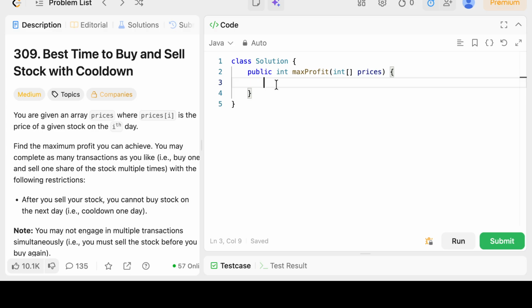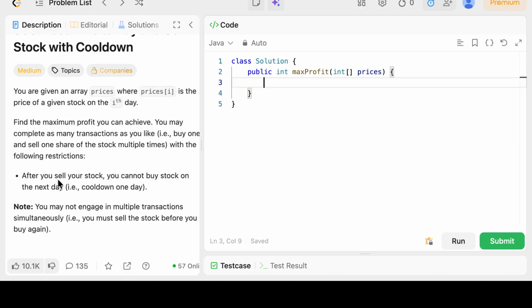We can complete as many transactions as we like, but there is a condition. After you sell a stock, you can't buy on the next day. It means there is a cooldown period. If you sold yesterday, then you can't buy today. You have to buy tomorrow.